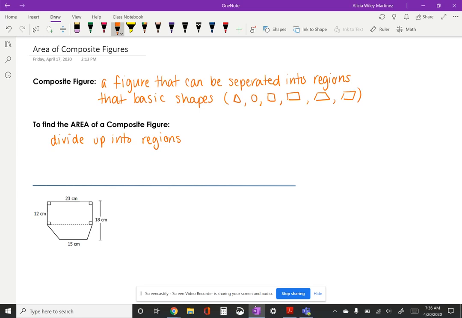And you're going to find the area of each region. And then you're going to take all of those areas and add up all the areas.